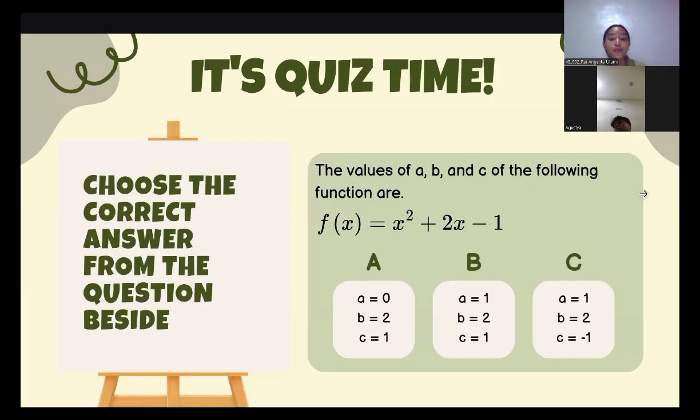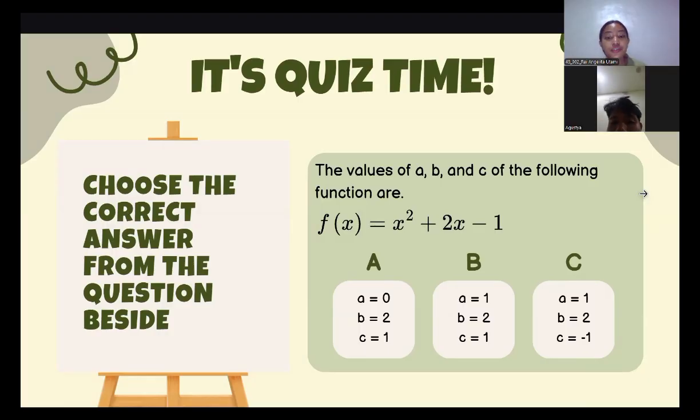Alright class, put your notebooks down for a moment because it is quiz time. Please take a look at this slide. Let's read the question together. The values of a, b, and c of the following function are, and the quadratic function is f(x) equals x squared plus 2x minus 1.